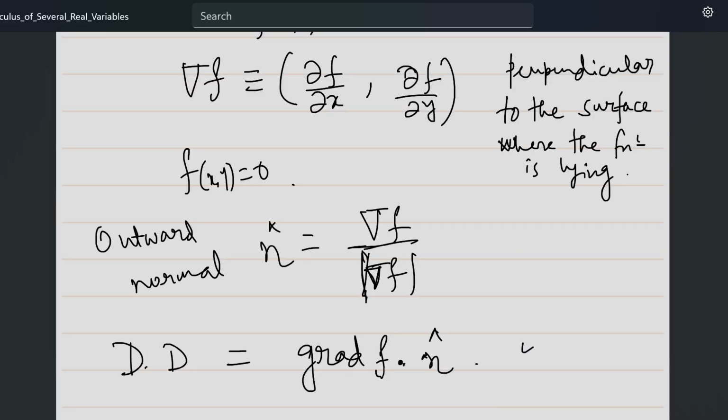You should remember these formulas for your exam. Formulas are very important because if you forget the formula, you cannot solve the problem, though the problem is easy. I already told how to find n hat and grad f, so you can find the directional derivative. Directional derivative means derivative in a particular direction. Okay, fine. Any question?